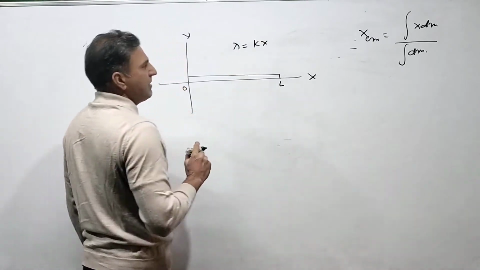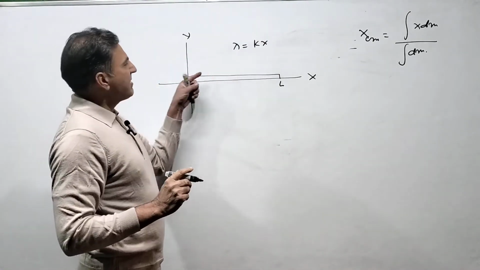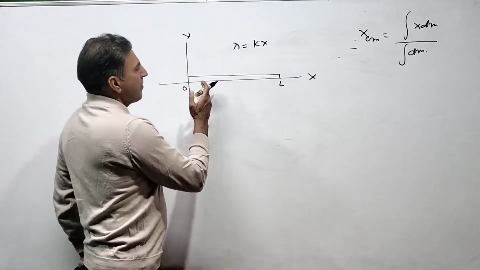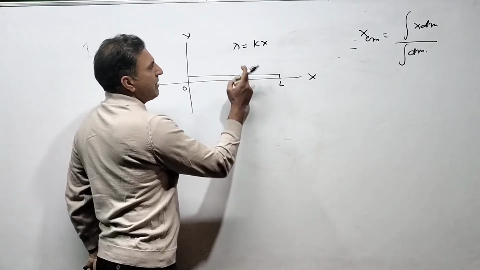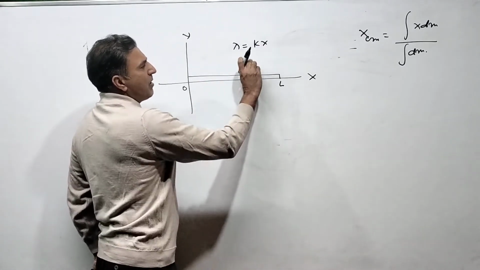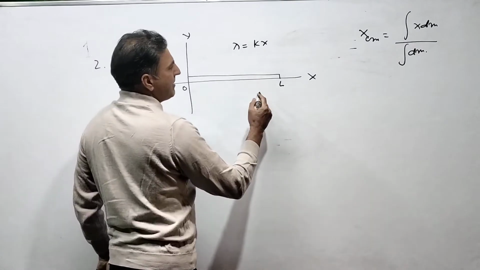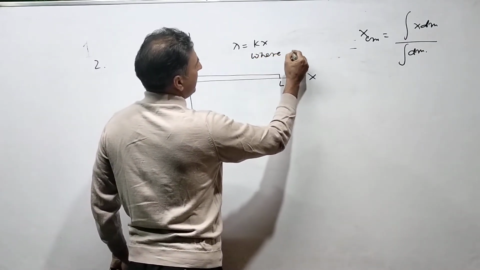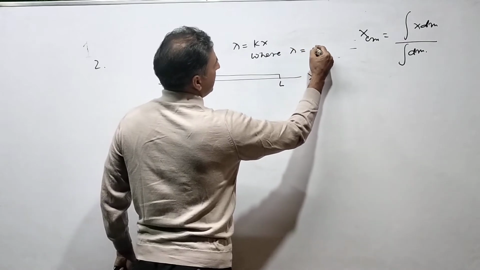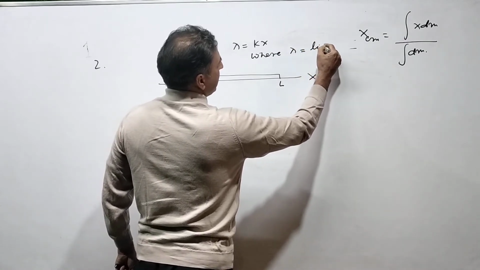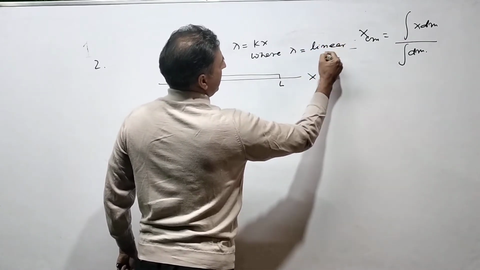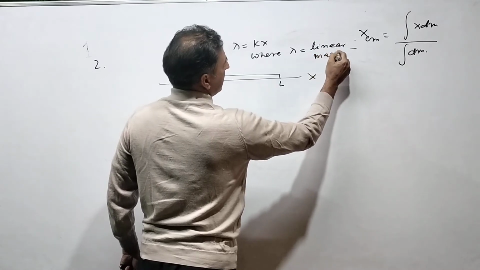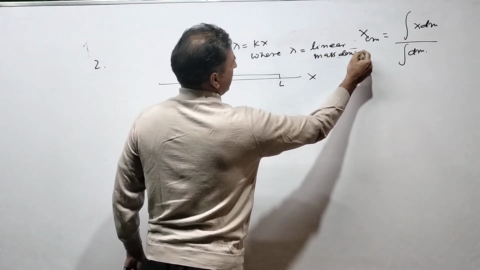That means density is a function of x, so density varies with x. That means if you go to the right side of the rod, the density increases, and obviously the mass also increases, where lambda is the linear mass density.